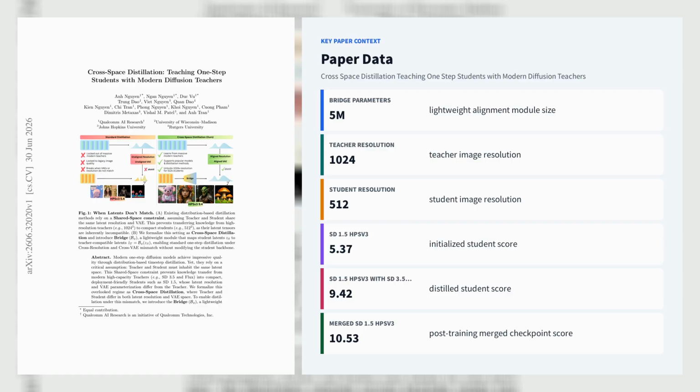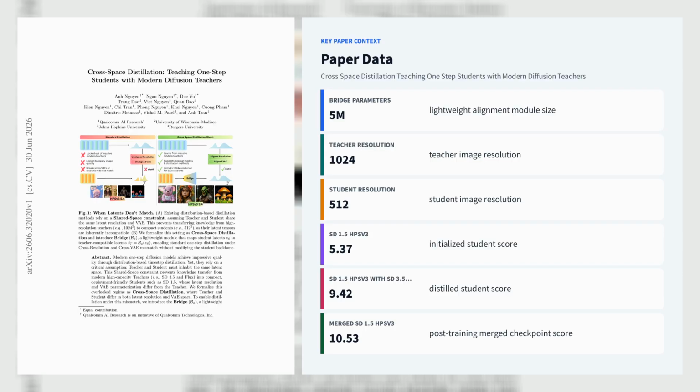Across 5 teachers, the SD 1.5 student improves HPSv3 from 5.37 to 9.42 with SD 3.5 Medium, while the merged checkpoint reaches 10.53 HPSv3 and 29.07 HPSv2 without increasing the one-step inference budget.